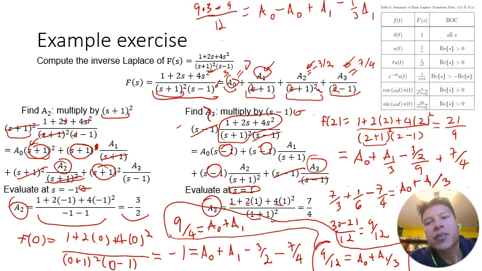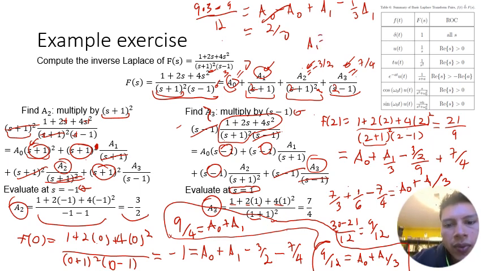And then anyways, I'm just doing the arithmetic here. And then we have 2 over 3. And that's going to give us that a1 equals 9 over 4. Of course, we already knew that it would be 9 over 4 because we already know that a0 is 0. But anyway, you can go through the arithmetic, and now you can find a0. So I'm going to do that cleanly in the next slide.